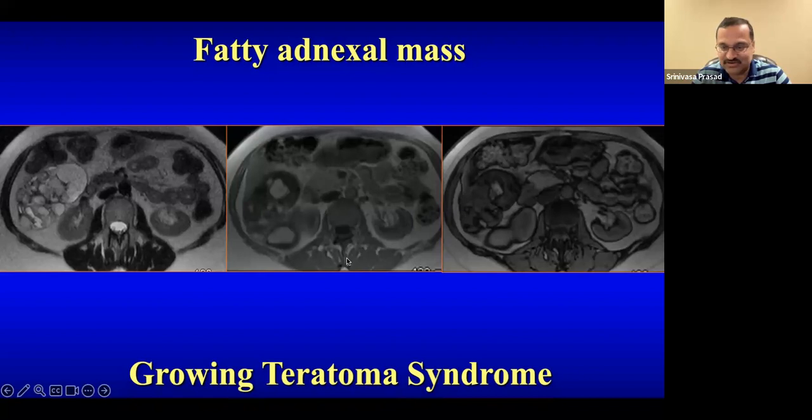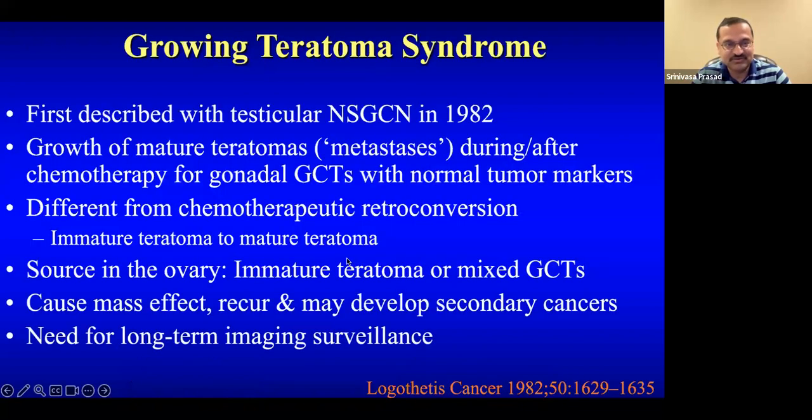So this is referred to as the growing teratoma syndrome, in which the primary source in the ovary might be an immature teratoma or mixed germ cell tumor, but then you tend to get mature teratomas during or after chemotherapy for gonadal GCTs, and the tumor markers are normal.